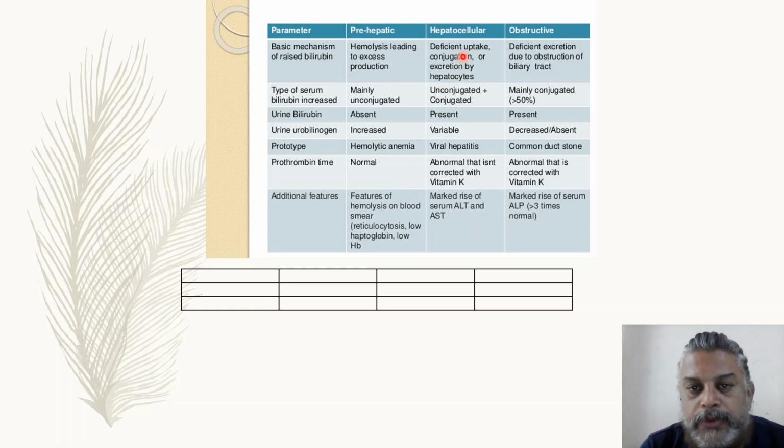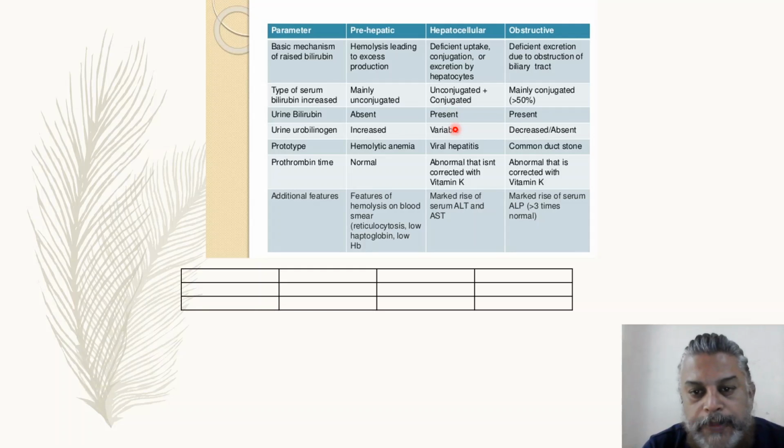In hepatocellular disease, the basic mechanism of raised bilirubin is deficient uptake, conjugation or excretion by the liver cells. Here we will have both conjugated and unconjugated bilirubin. As the conjugated bilirubin is there, we will have bilirubin in the urine, and urobilinogen would be present.